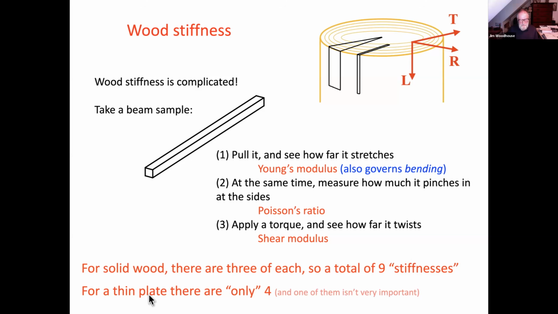If you had just a thin flat plate like a guitar soundboard, then there's another little bit of maths that says that now you only need 4 of these stiffnesses. And one of those 4 is very rarely important. So there are 3 important ones, and we'll see what those are shortly. So we start with 9 for the solid wood. We cut a flat plate out of it, and we need 4. And most of the time we can get away without thinking about one of those.